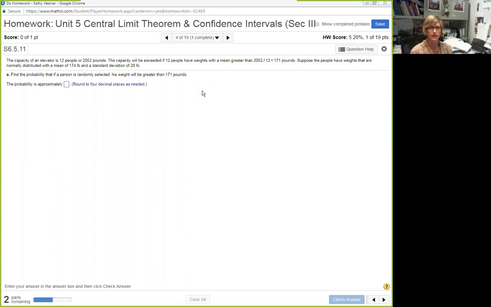Suppose the people have weights that are normally distributed with a mean of 174 and a standard deviation of 28. Find the probability that if a person is randomly selected, his weight will be greater than 171 pounds. So let's go ahead and do this.